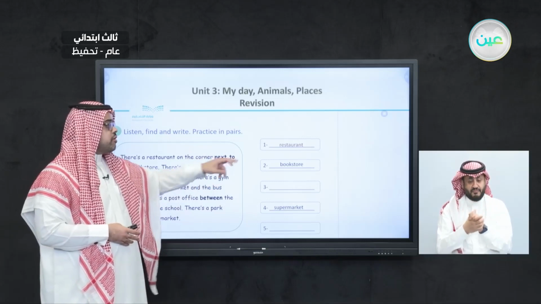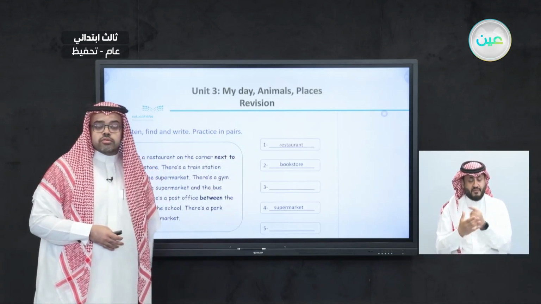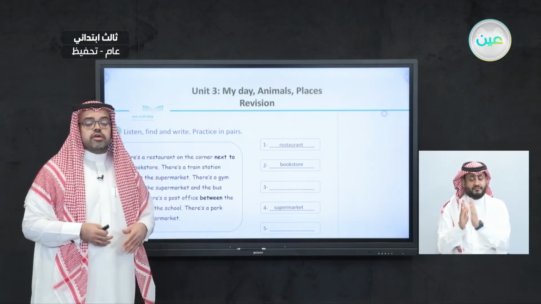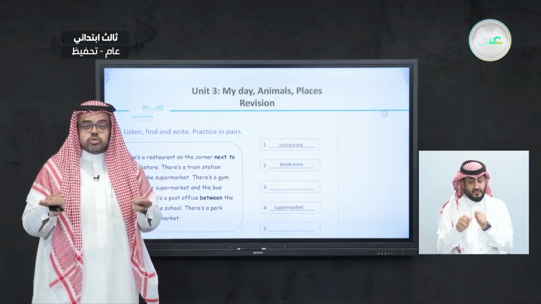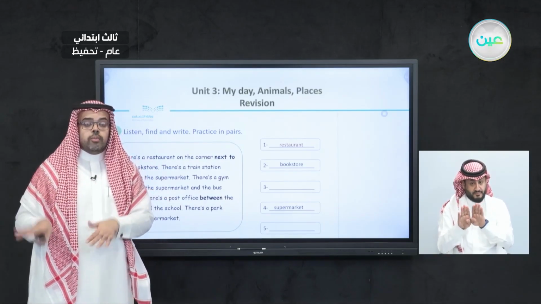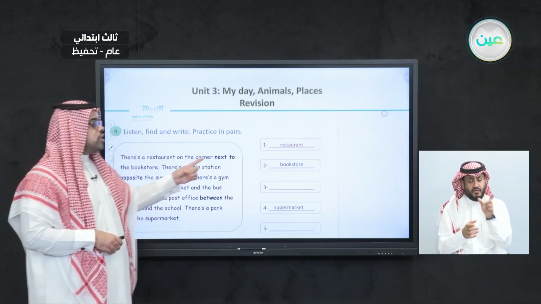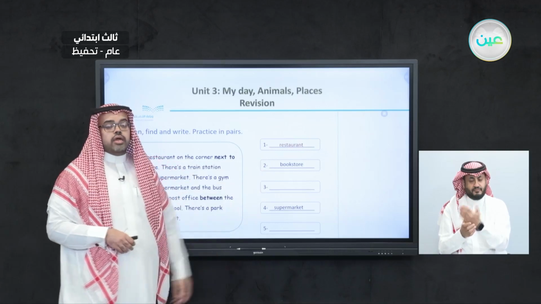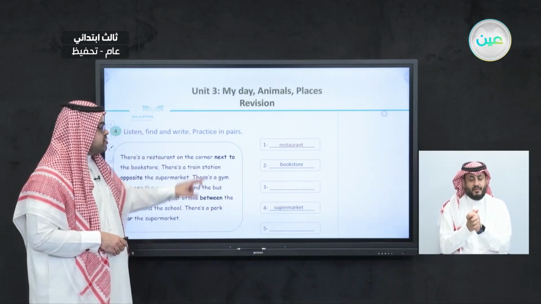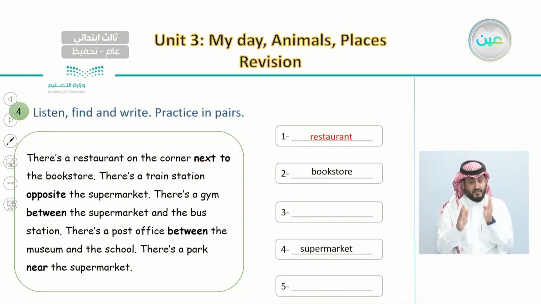Can you see there is a restaurant next to the bookstore? If you can see it, then here you need to write down a restaurant, because it says next to. This is the first preposition we have read in this text. Now, when we agree number 1 is a restaurant and number 2 is a bookstore, let's continue.